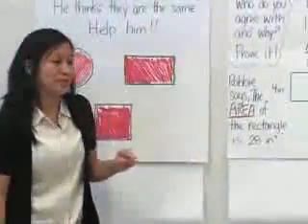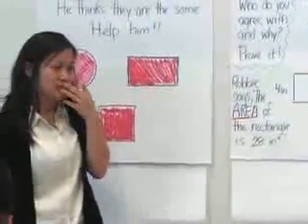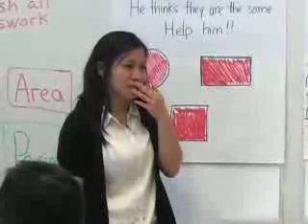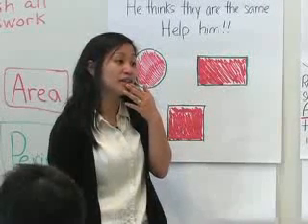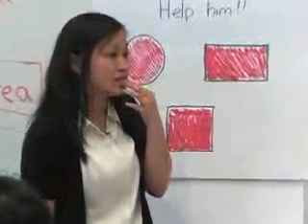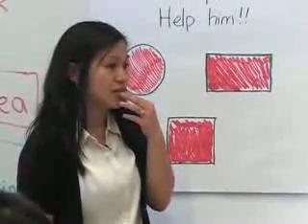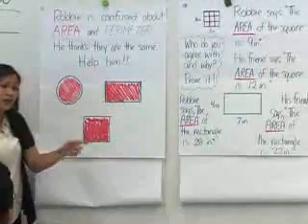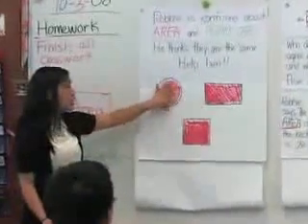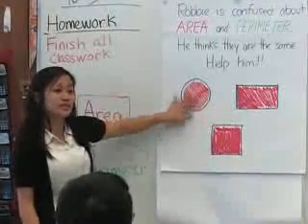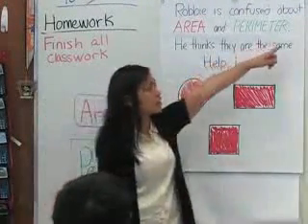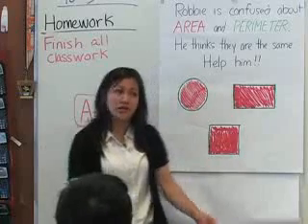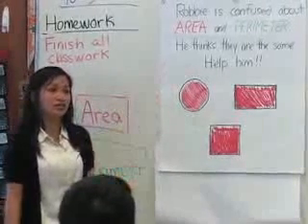Julian, what did you do? I made 3 columns and 3 rows. Why? Because there are 3 inches on the width and 3 inches on the length. Okay, thank you, Julian. Earlier you guys said that the area is the space inside. But with Julian's picture, what did he use to measure it? Earlier, you guys colored it in.